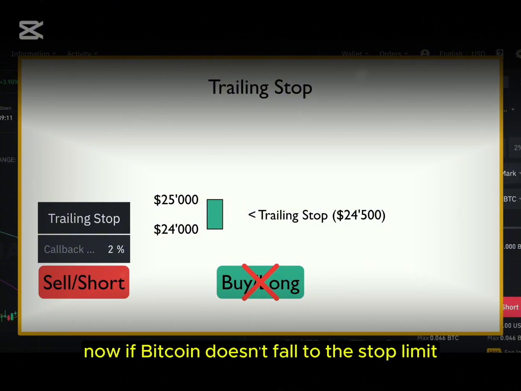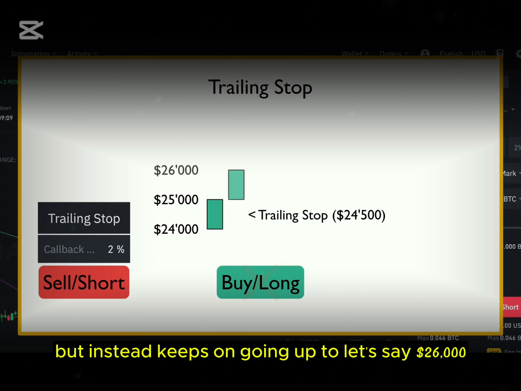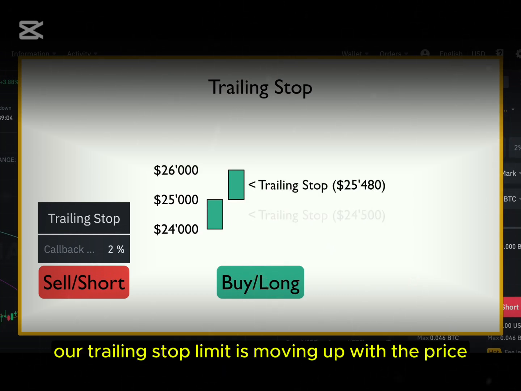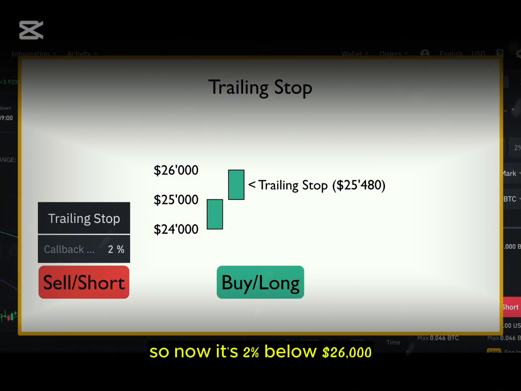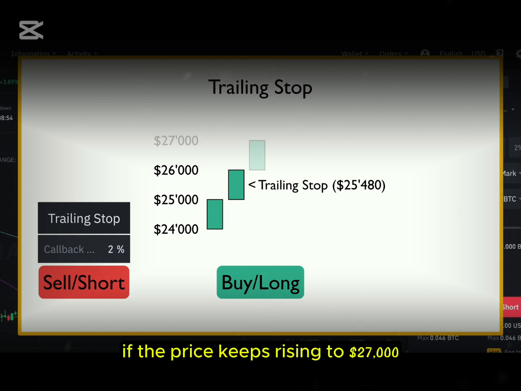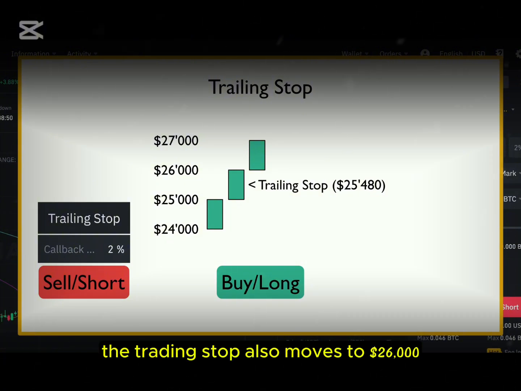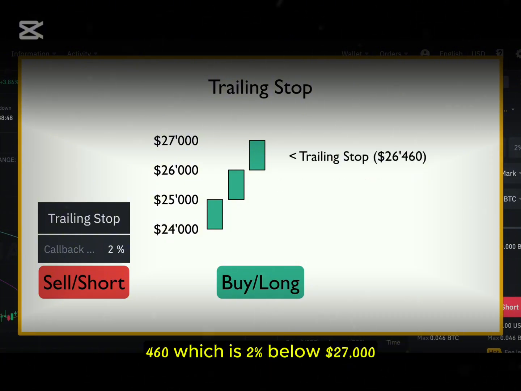Now, if Bitcoin doesn't fall to the stop limit but instead keeps on going up to, let's say, $26,000, our trailing stop limit is moving up with the price. So now it's 2% below $26,000, which is $25,480. If the price keeps rising to $27,000, the trailing stop also moves to $26,460, which is 2% below $27,000.